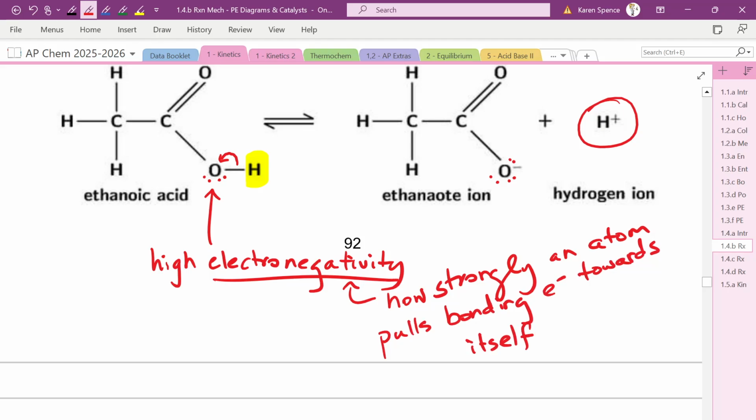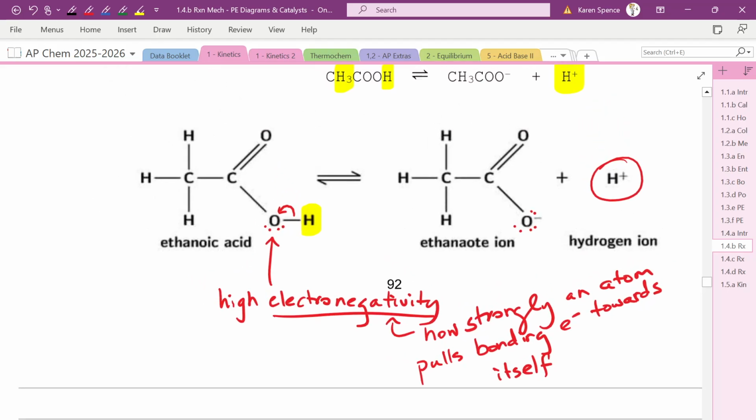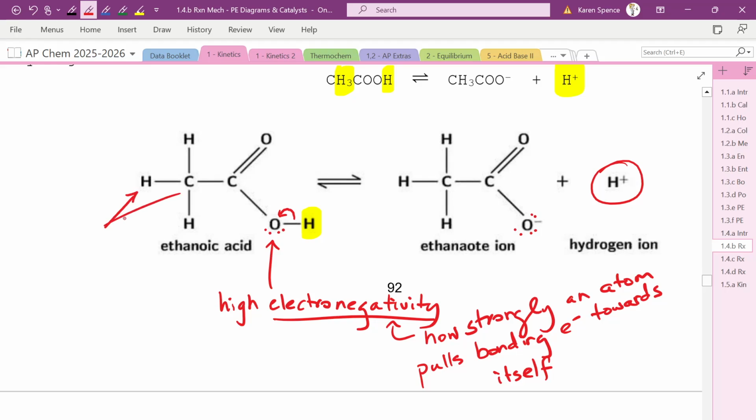So, oxygen has a high electronegativity. Hydrogen has a medium electronegativity. I won't say low because metals have low electronegativity. Hydrogen is still a non-metal. Carbon and hydrogen have similar electronegativities. I'm just going to put En for electronegativity because that word is way too long.